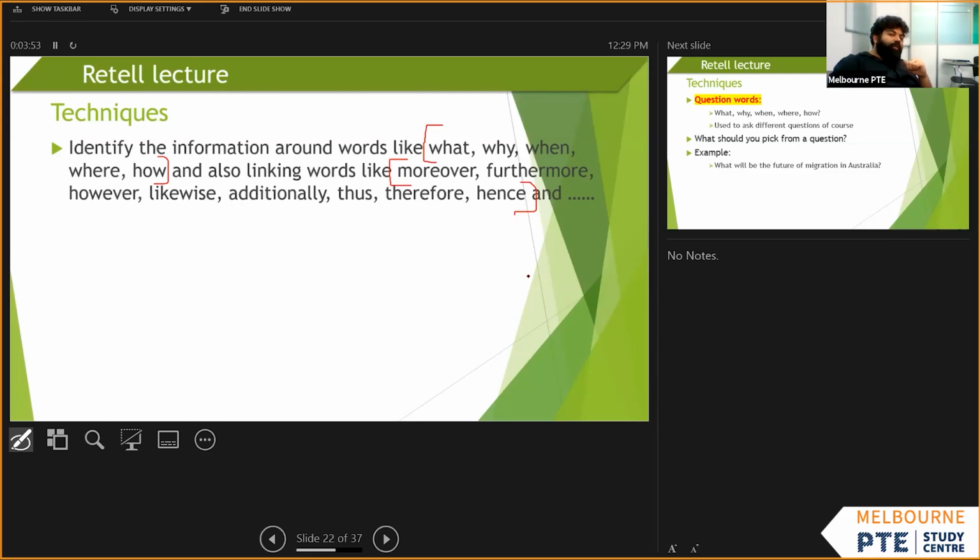Now, what does this technique say? Identify the information around words like what, why, when, where, how, and also around these linking words. What does it mean actually? Firstly, tell me, where do we use these words? No, no, the second ones are linking. What, why, when, where, how, what are these?